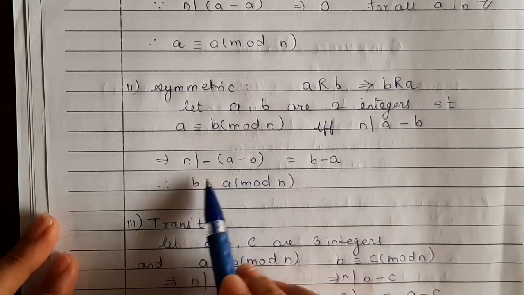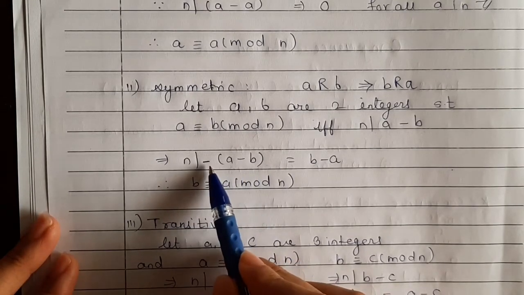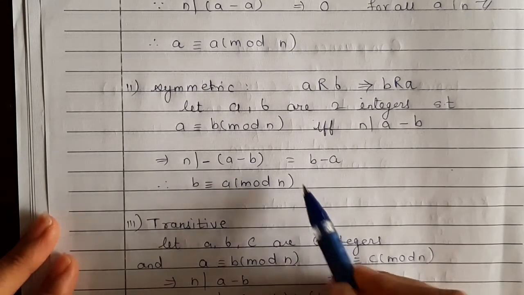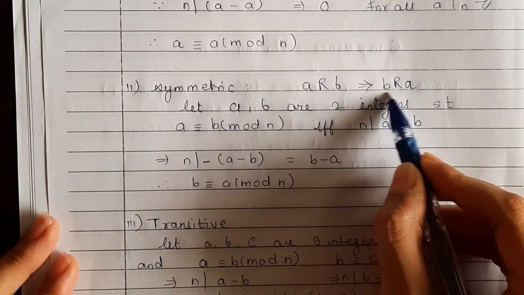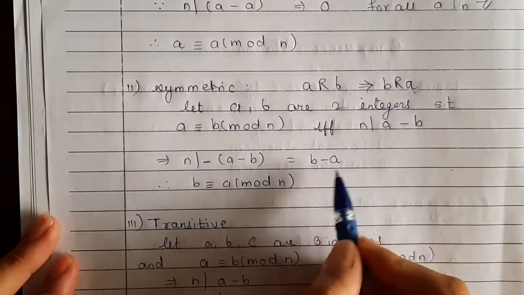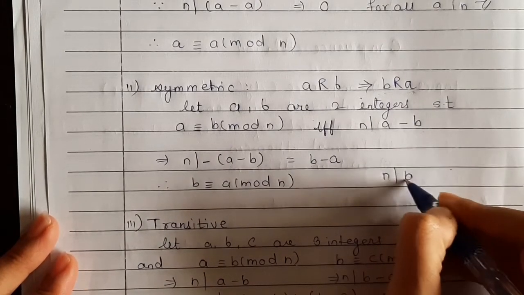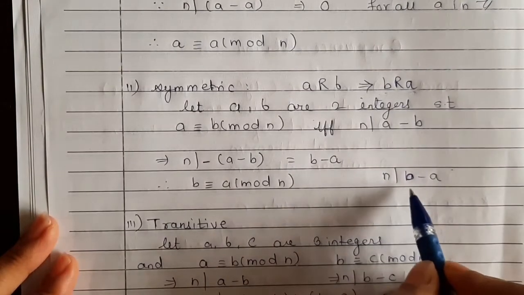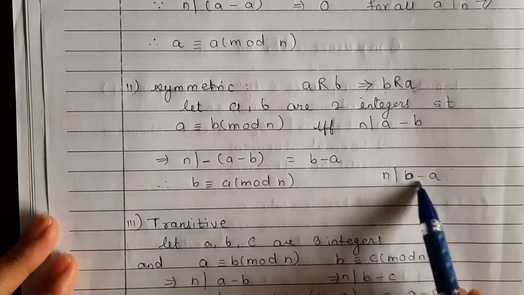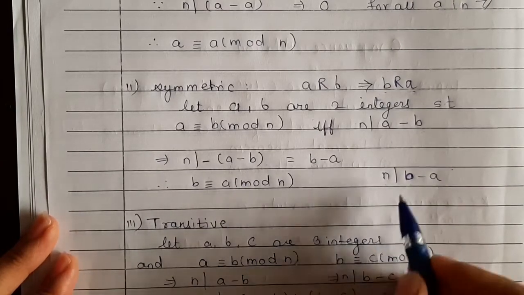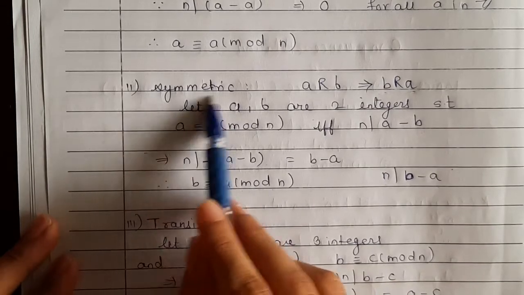Taking the minus sign inside, we get minus a plus b, so we write b minus a. So n divides b minus a, which we write as b is congruent to a mod n. From this we prove symmetry.